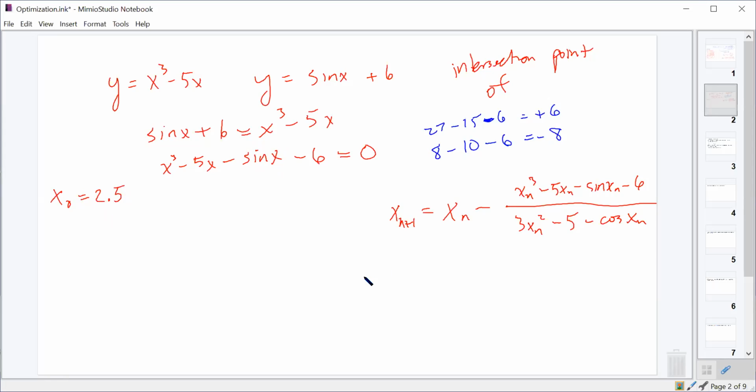And you're going to type in answer minus parenthesis, parenthesis, answer cubed minus 5 answer minus sine answer minus 6 over 3 answer squared minus 5 minus cosine answer. And what do we get? x sub 1 should be, let's hope this works out nicely, 2 point something, I bet.